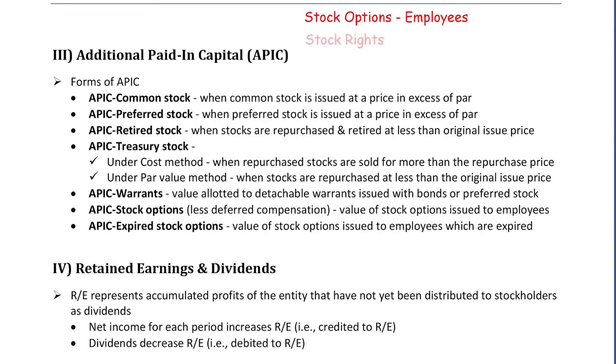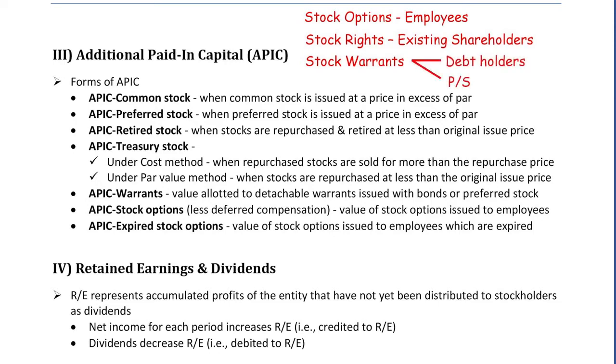Stock rights, that's generally for existing stockholders. Warrants, that could be issued along with bonds or preferred stock. So that's for debt holders and P/S or preferred stockholders.